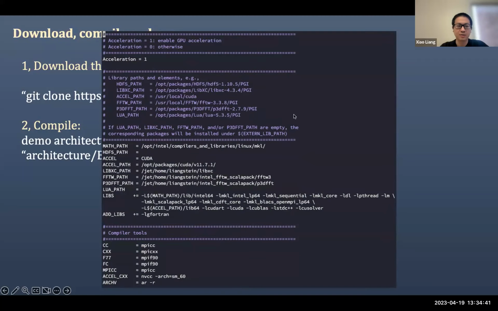This is the architecture file used for compiling MuST with CUDA acceleration. The important things are setting the acceleration flag to 1 and then linking the CUDA libraries. Furthermore, we need to set the GPU compute capability here, because the proper compute capability will fully utilize the GPU.